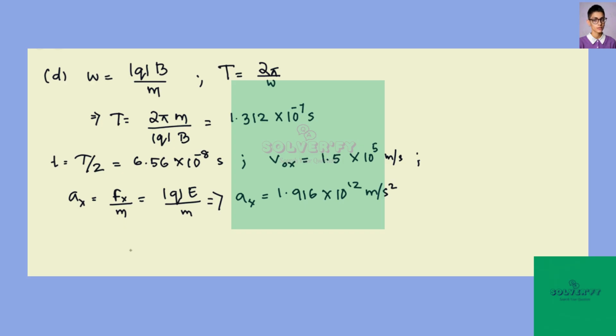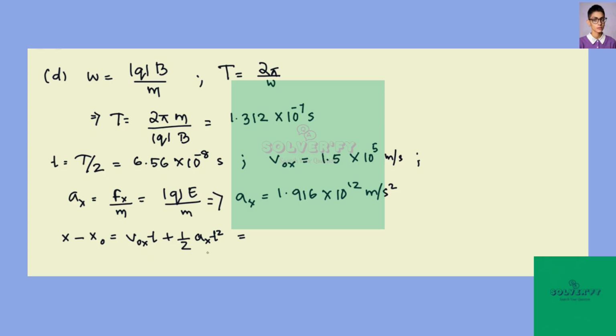Now we use our kinematic equation, which is x minus x naught is equal to v naught x times t plus half ax t square, to find the value of x minus x naught.